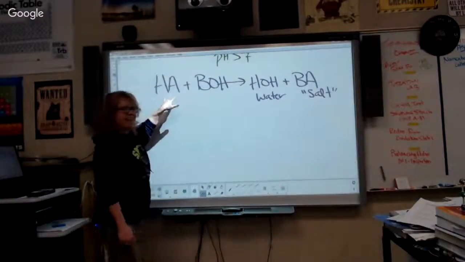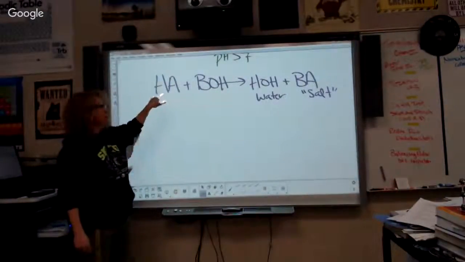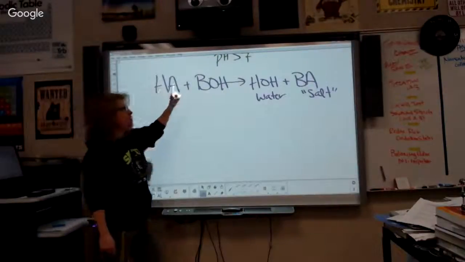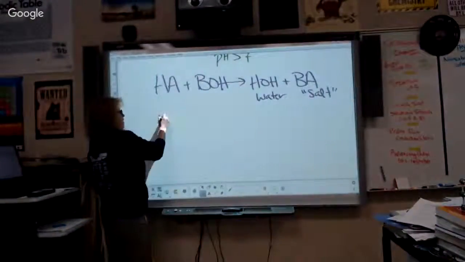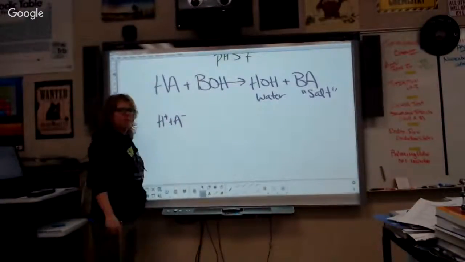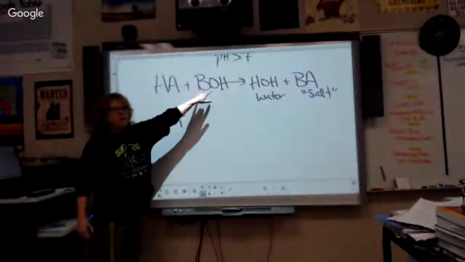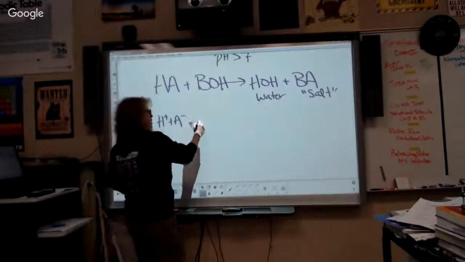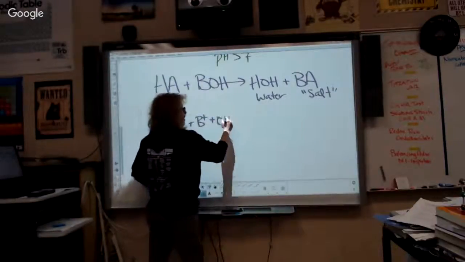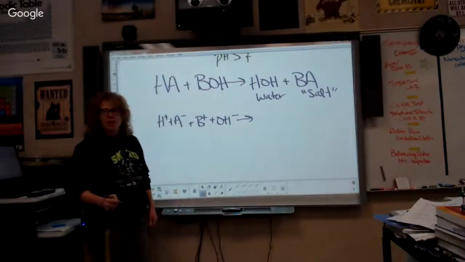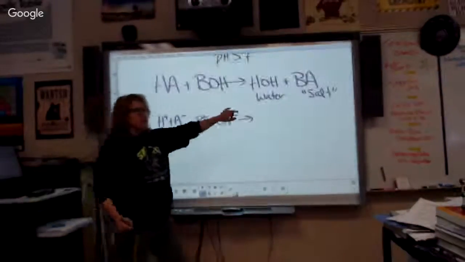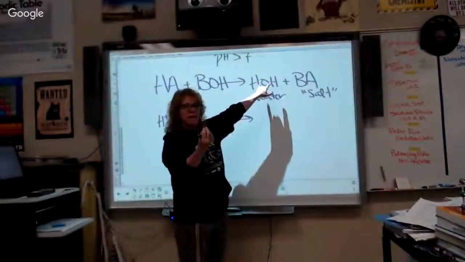What's the ionic equation for this? Complete ionic. Take that apart. We're assuming aqueous, whatever that is in aqueous. What kind of ions do we get here? B plus. Okay, what do we do with the water? Does the water separate into ions or does it stay together?